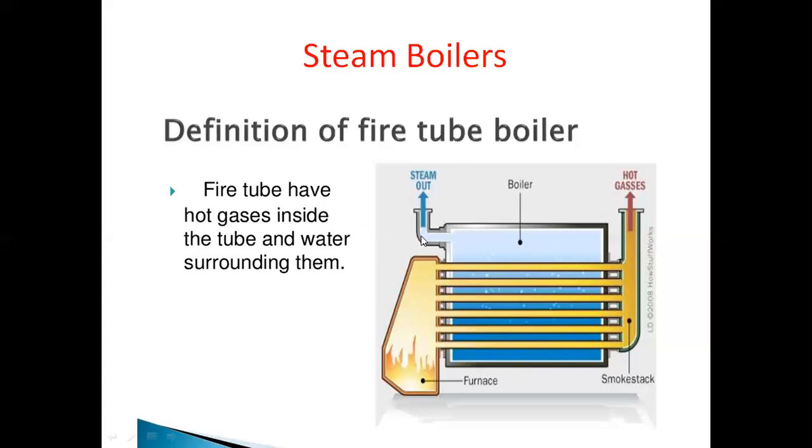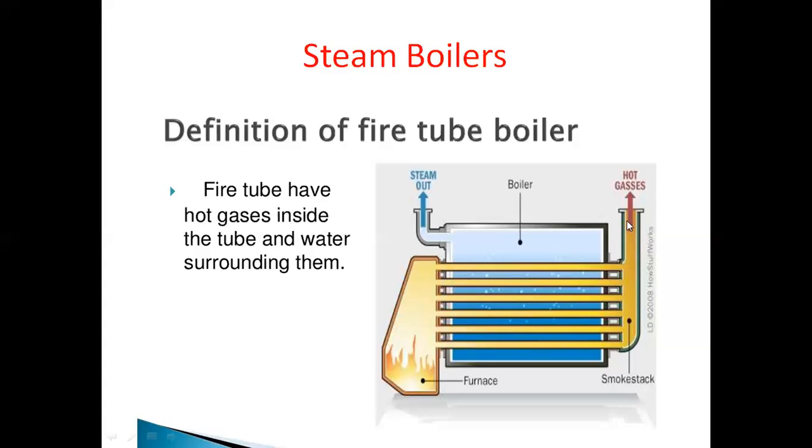See the figure here. This is the furnace. The need for the furnace is that the combustion of fuel takes place here, releasing hot gases. The furnace connects to the tubes. These are the tubes.